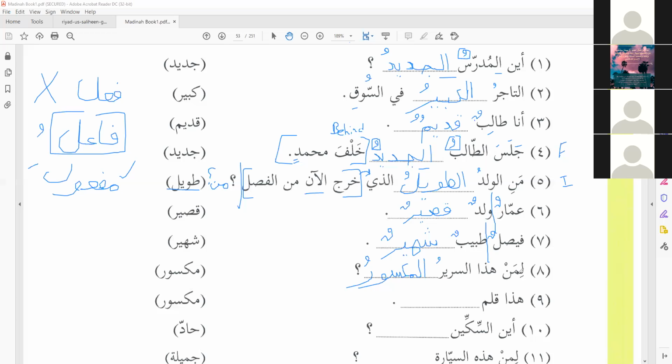Liman is probably the tricky part, right? Yeah. Don't worry about that. What does hadha as-sarir al-maksur mean? This is sarir. What's sarir?